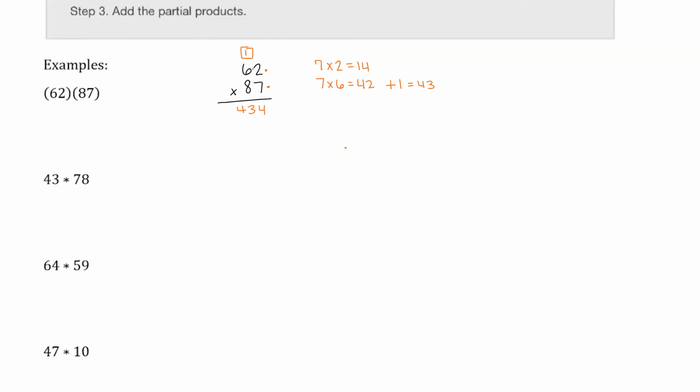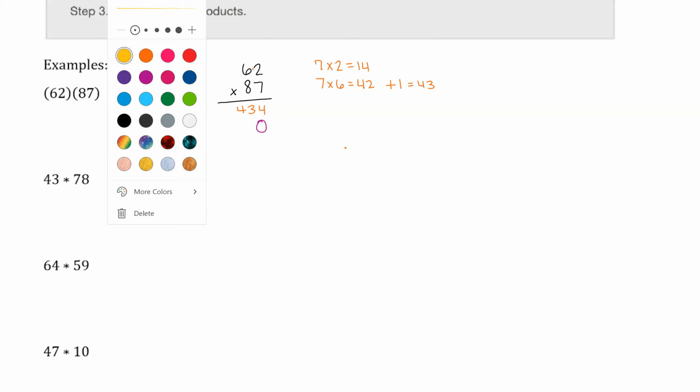So now we have to multiply 62 by 80. Since that 8 is in the tens spot, it means 80, and we know that multiplying by 10 just tacks on a 0. We discussed that in the first video. So we're going to drop a 0, and then do multiplication with just 8.